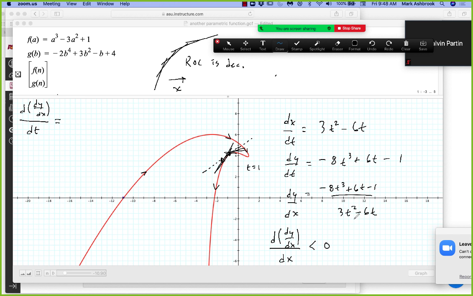So the quotient rule is low d high, so 3t squared minus 6t, d high is negative 24t squared plus 6, minus high d low, which is negative 8t cubed plus 6t minus 1 times the derivative of the bottom, which is 6t minus 6, all over low squared.